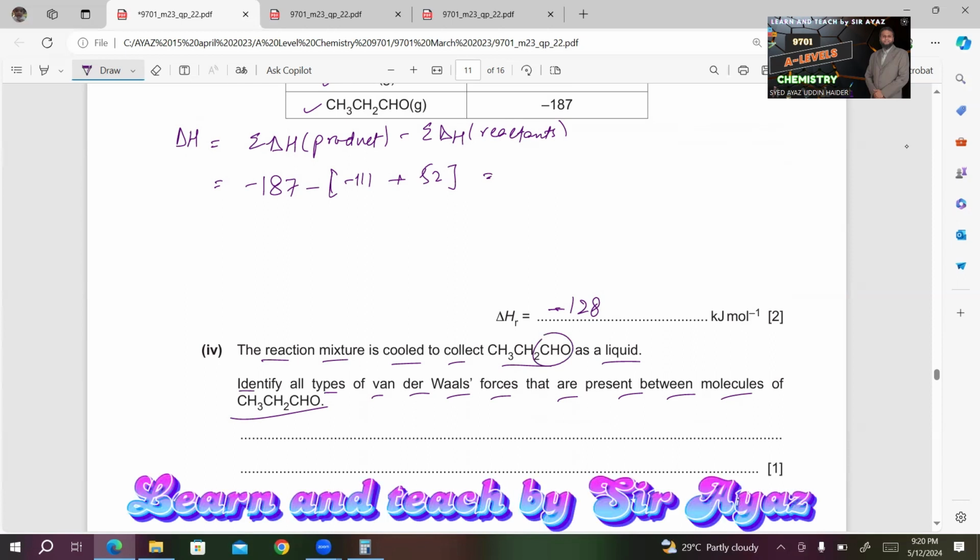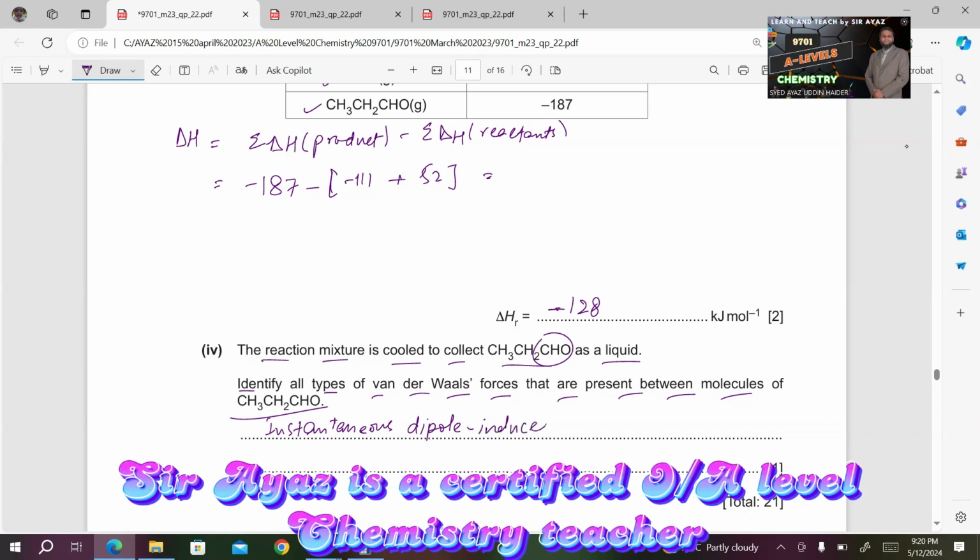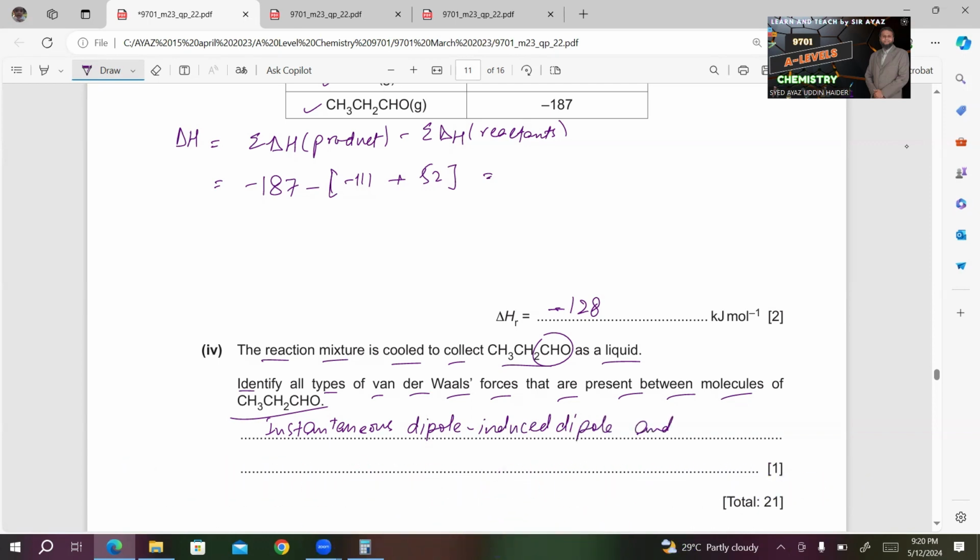So you write instantaneous dipole and induced dipole, and permanent dipole, permanent dipole.